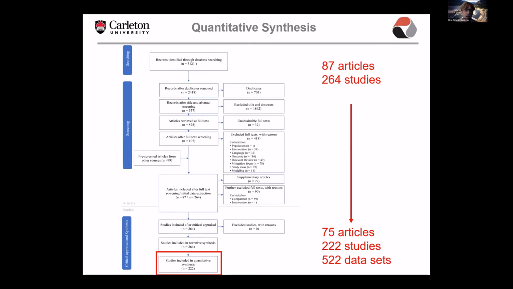Now moving into the quantitative synthesis evidence base, this is for the meta-analysis we conducted. Of the 87 articles we started off with, 75 were retained for the meta-analysis that had suitable data that we could use, and 222 studies and 522 data sets drove this.